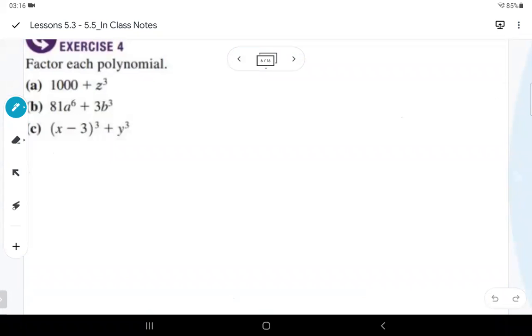Okay. Factor each polynomial. So here we're using the perfect cubes, and these are all sums of perfect cubes. Exercise 4, A, we're looking at 1,000 plus z cubed. So our x here is going to be the cube root of 1,000. Well, that's 10. And then y is going to be z.